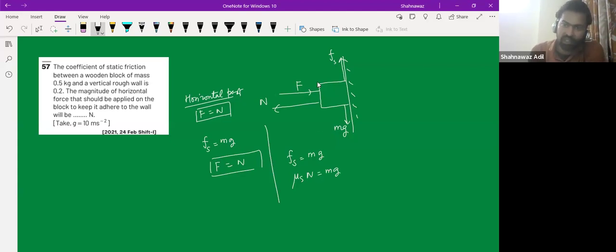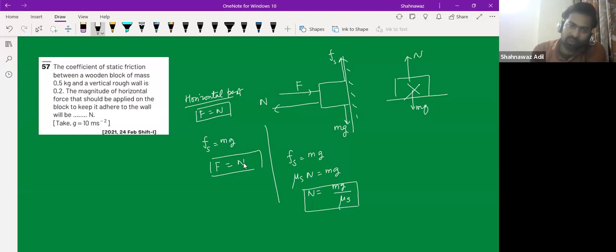N is not mg in this case because this is not downwards. We have to be very careful. So N is not mg here. N is mg by mu s.